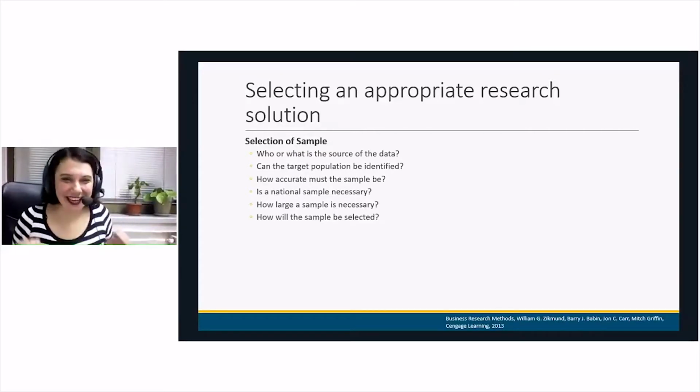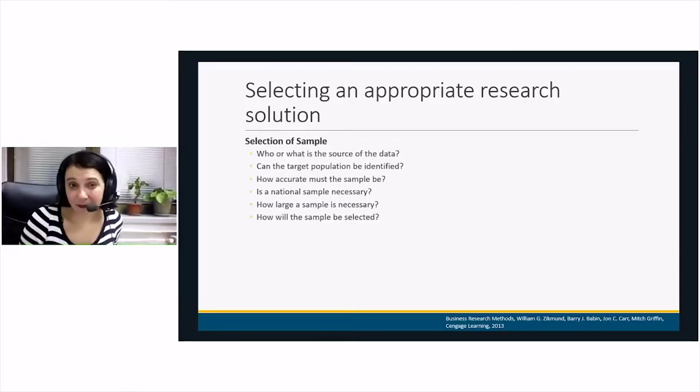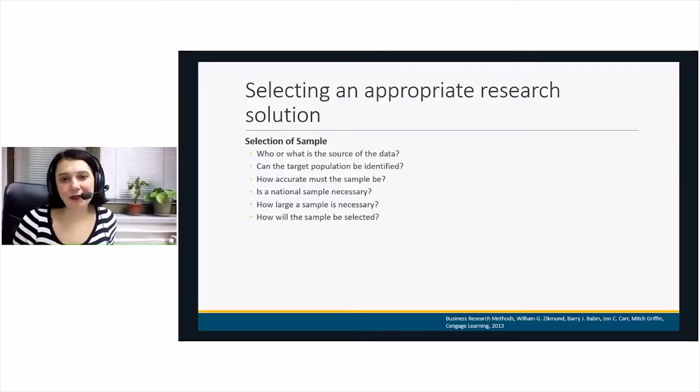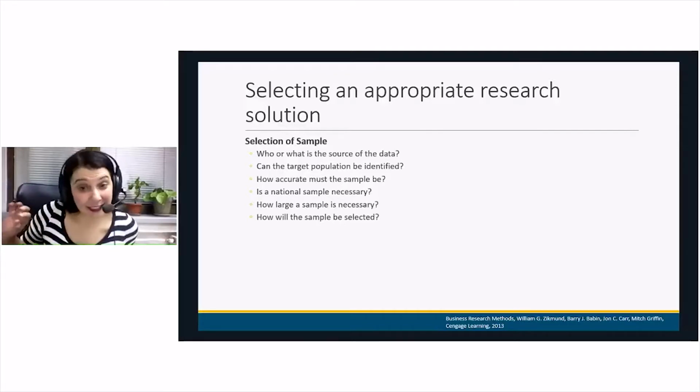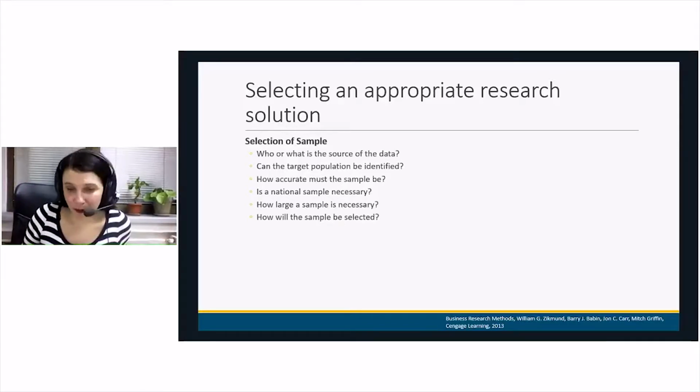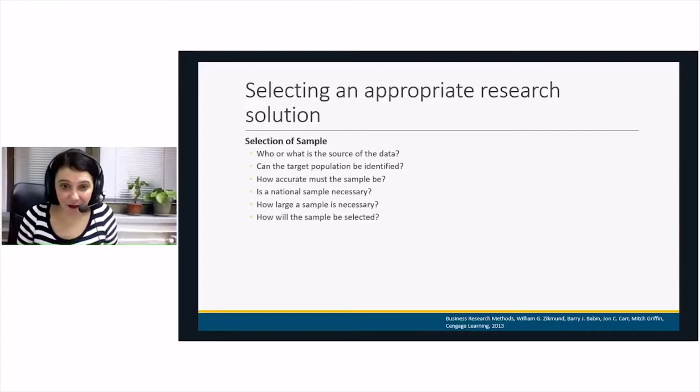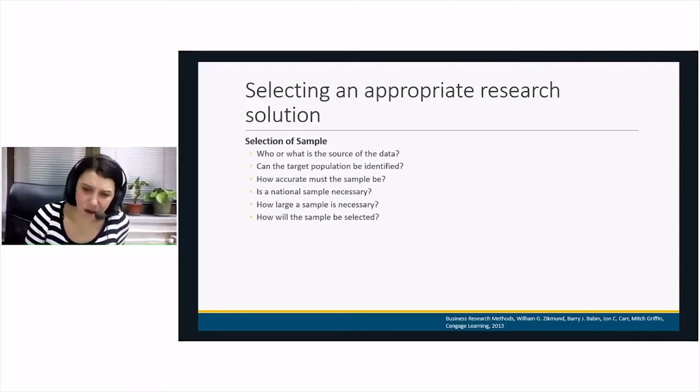So when we have a selection of sample, the main thing that we should address is who or what is the source of the data. Do we need a target population to be identified? How accurate the sample must be is a very, very important step in the writing of the brief.